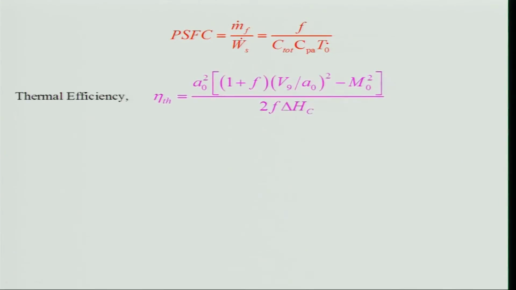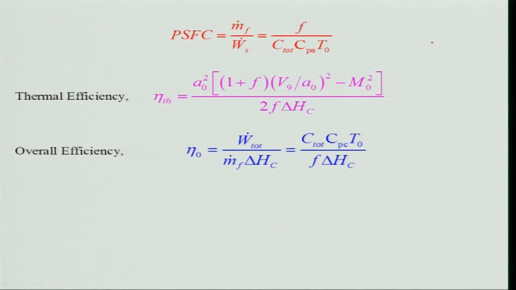Thermal efficiency will be as usual, and keep in mind that this thermal efficiency we have evaluated in the real cycle without considering the pressure effect. The overall efficiency will be W total divided by m f delta h c.